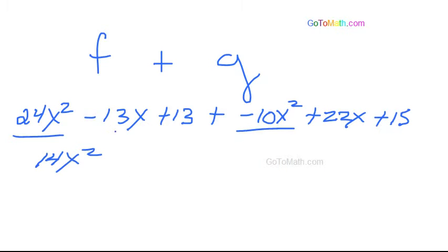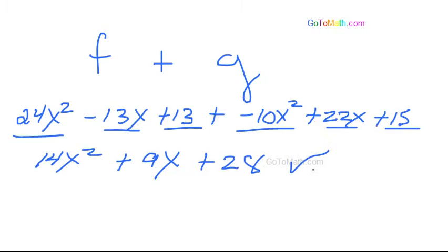And then we've got 13x and 22x, so 22 minus 13 is going to be 9x. And then we got 13 and 15, that's plus 28.